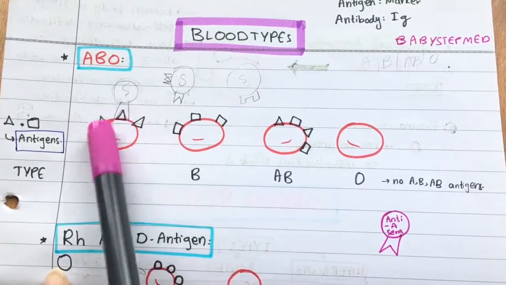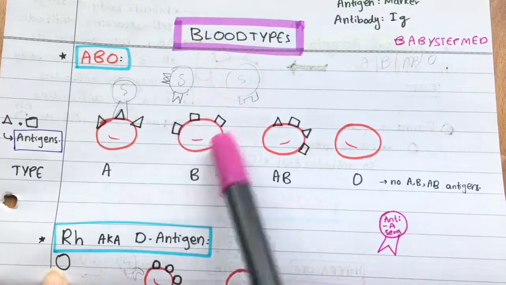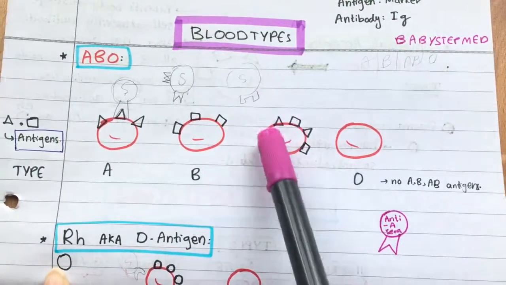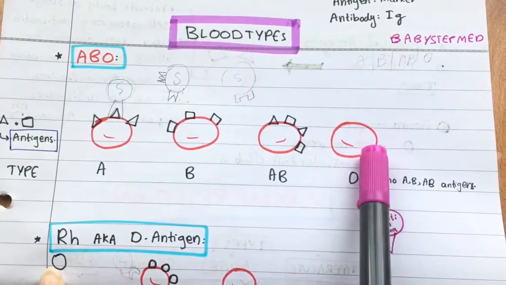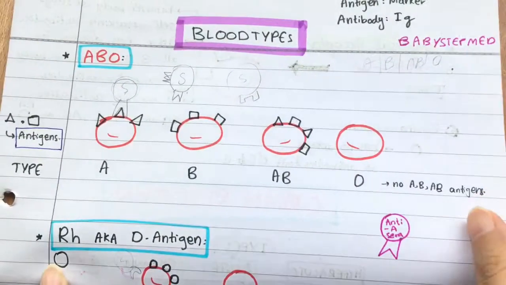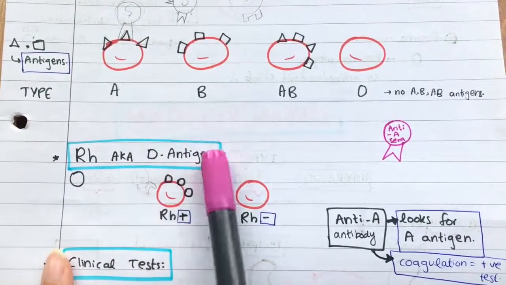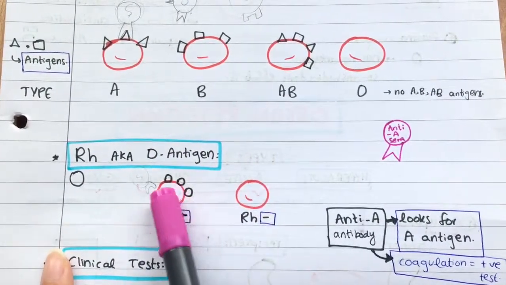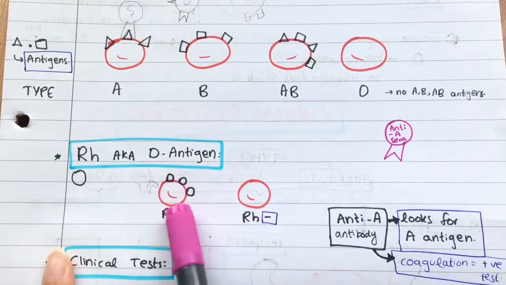So A has these triangular antigens, B has these square antigens, AB has both triangles and squares, and O has no antigens. Okay? Then we have another antigen, which we call the Rhesus factor, also known as D antigen, and it has circles.